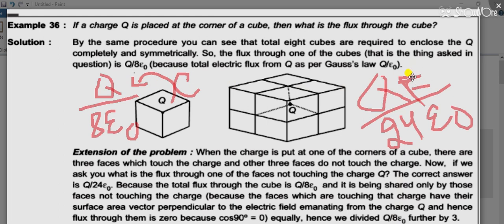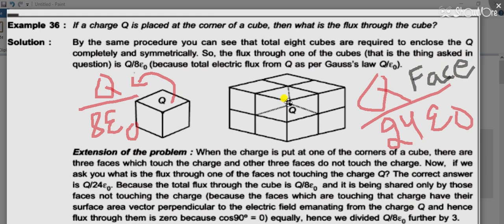So I hope the concept is clear to you now. So this is all about question number 36. This is the flux linked with one face. So I hope this question is clear to you now. Question number 36.